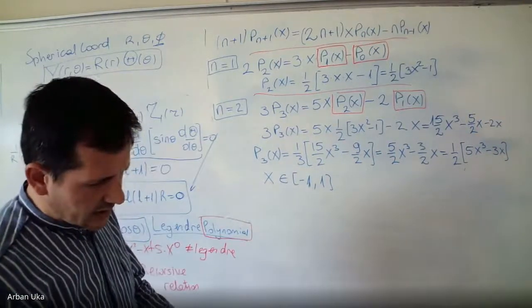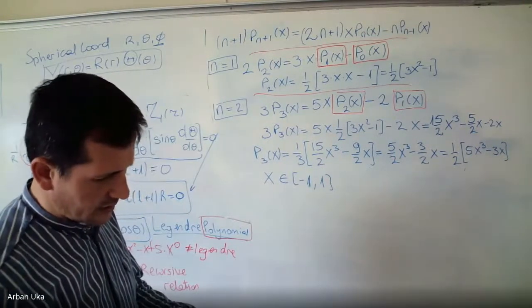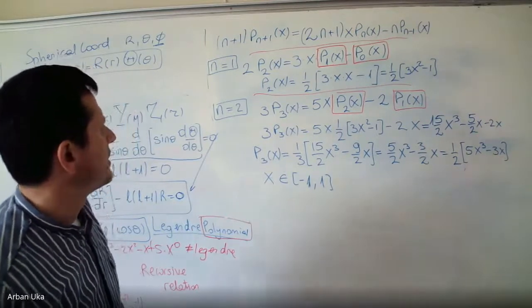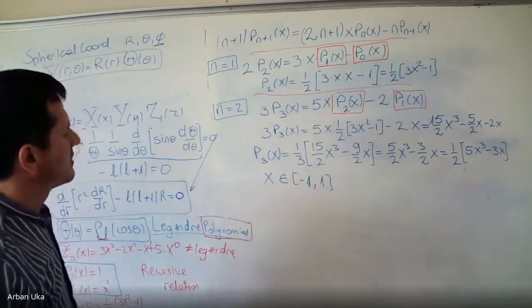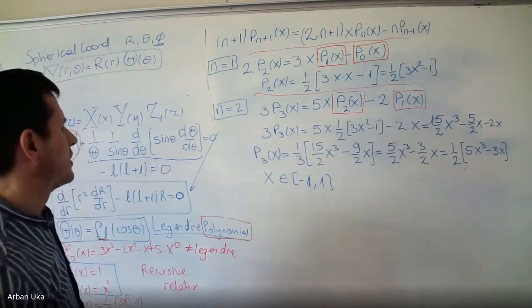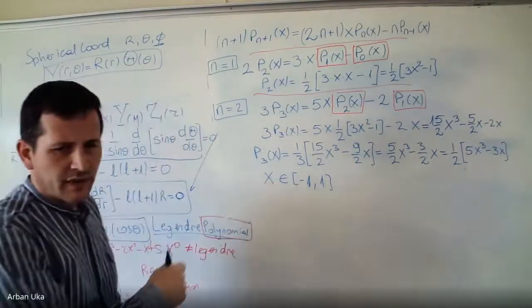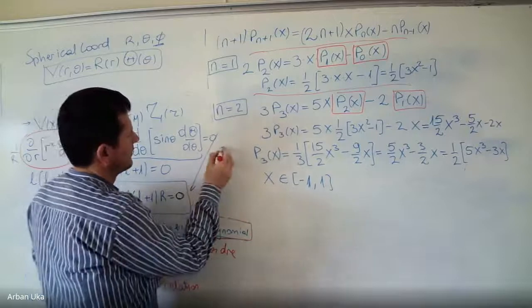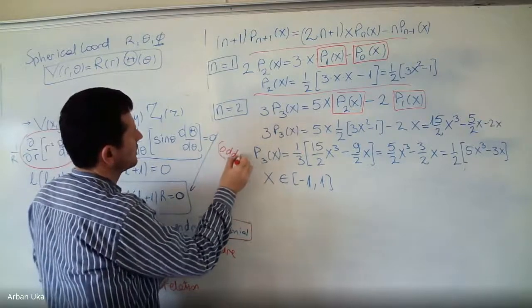This can be sine and cosine, okay? And let me also add something which is essential, that the third order polynomial is an odd function, okay? This is an odd function.